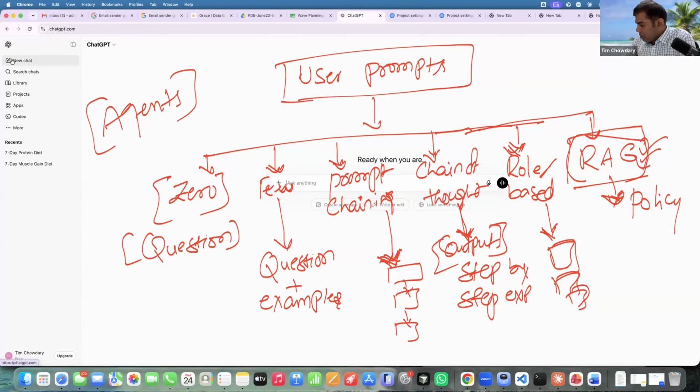Probably a role-based or a persona-based prompt, so that the LLM can understand what exactly your role is. For example, let's say you say I want to understand what an LLM is, but it's a different level of experience. Let's say you are a beginner, then you will say I am a beginner, and teach me LLM in this fashion.